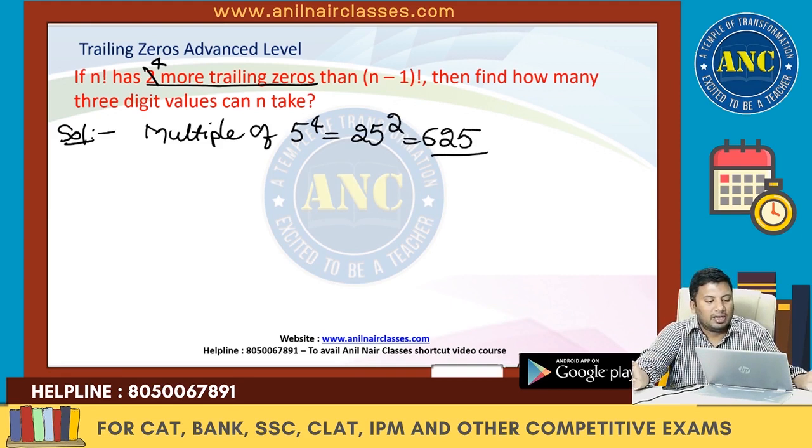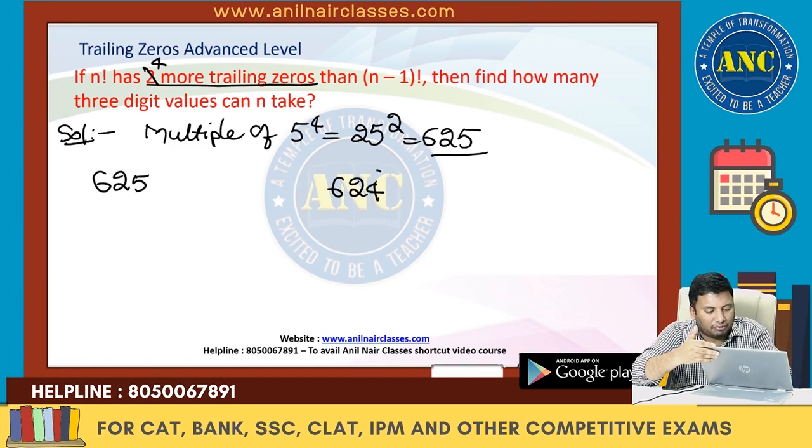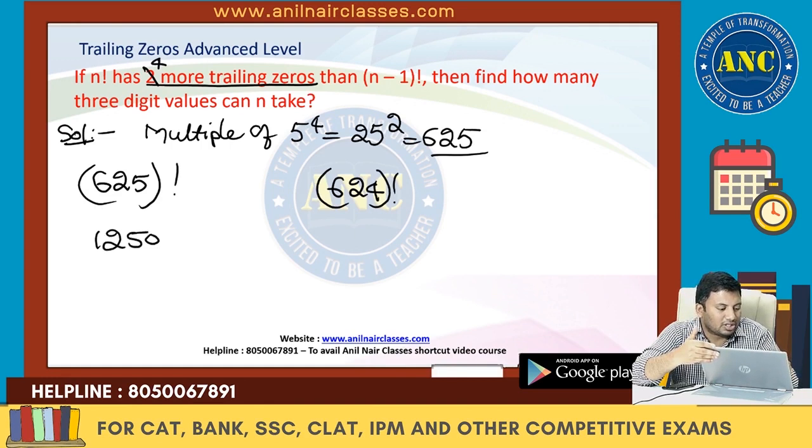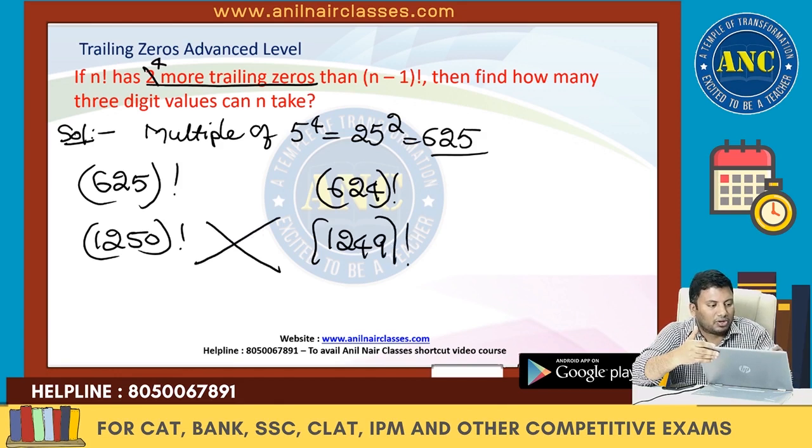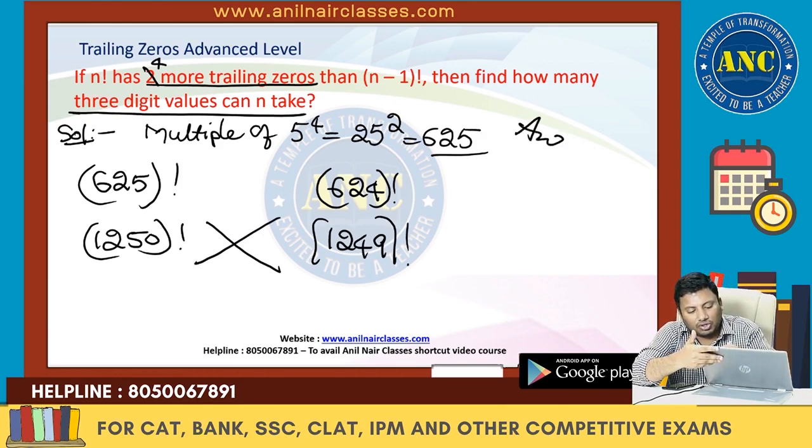Answer should be a multiple of 625. Right? So what is the value? If n is 625, n minus 1 is 624 factorial. Next number will be 625 into 2 is 1250 factorial and 1249 factorial. This is not possible because I want a 3-digit value. Answer for this question is 1.